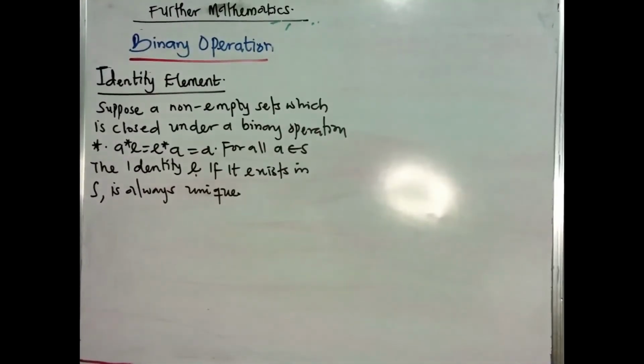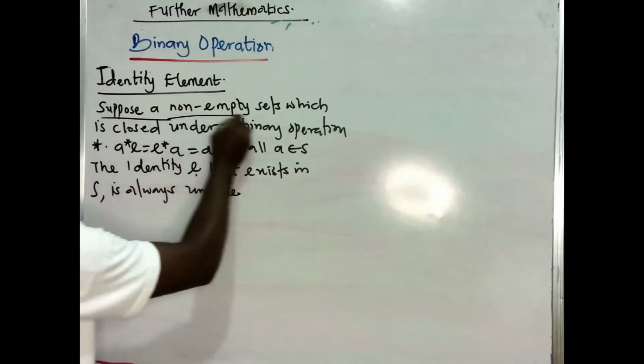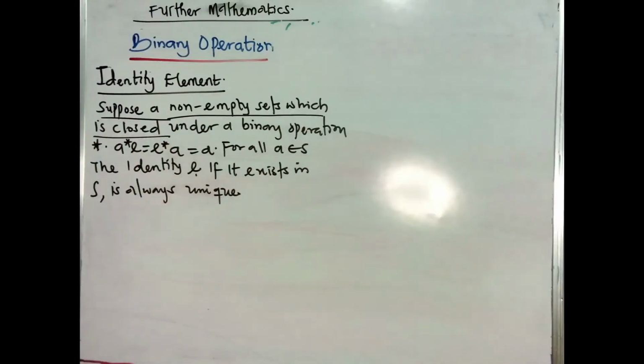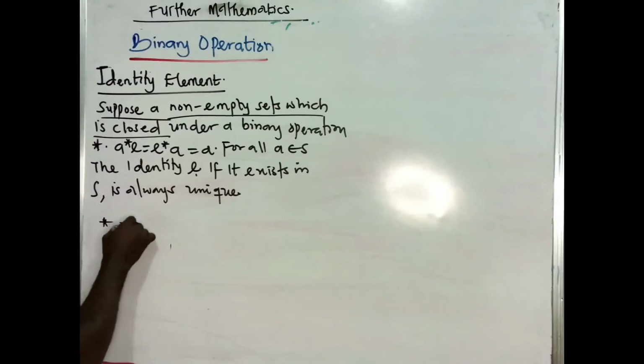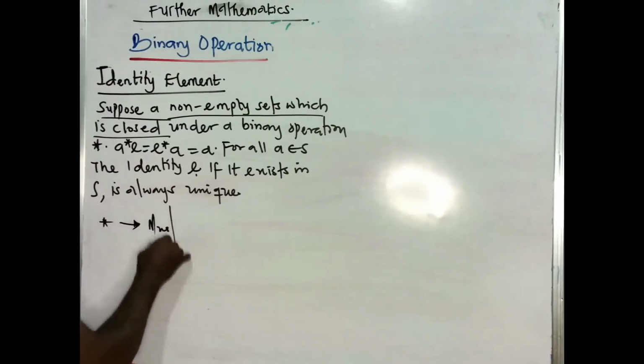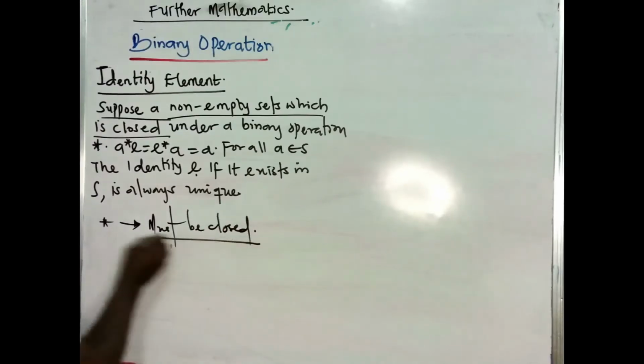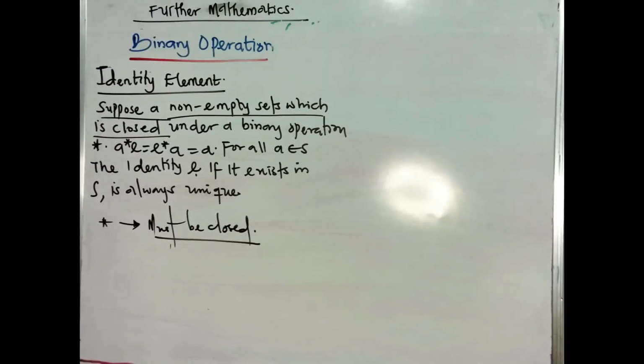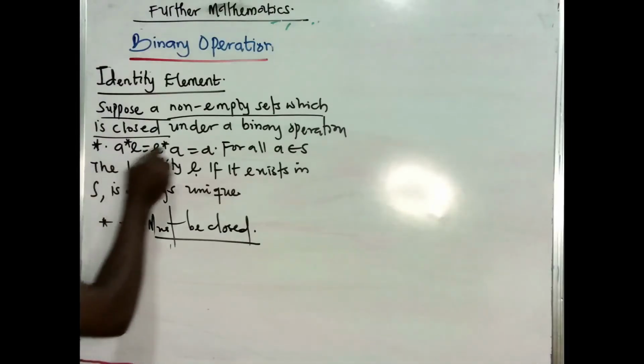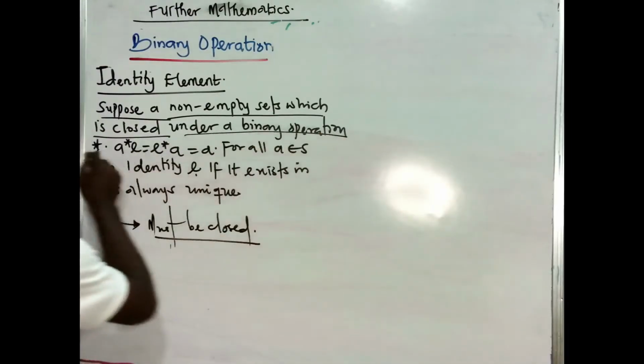Now, identity element. It's very important. When it comes to binary operations, you have to talk about your identity element. Now, suppose a non-empty set which is closed. For you to have an identity element, the first criterion is that the set must be closed under a binary operation asterisk.